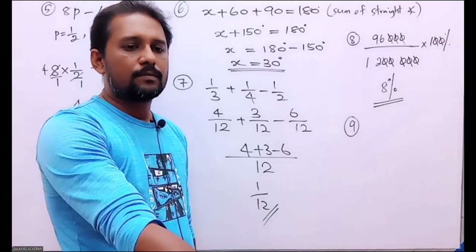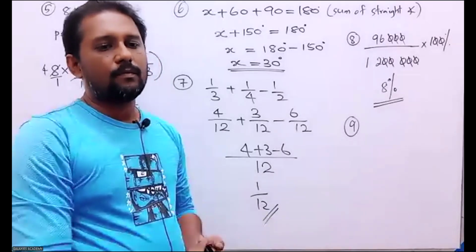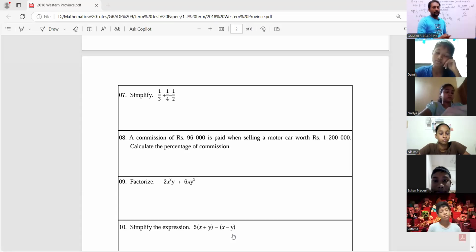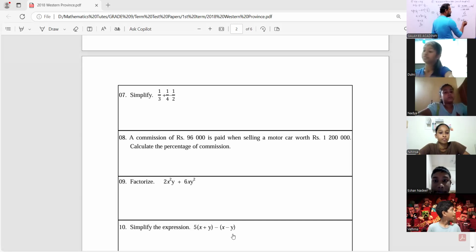Right. Number 9: factorize the expression 2x squared y plus 6xy squared.